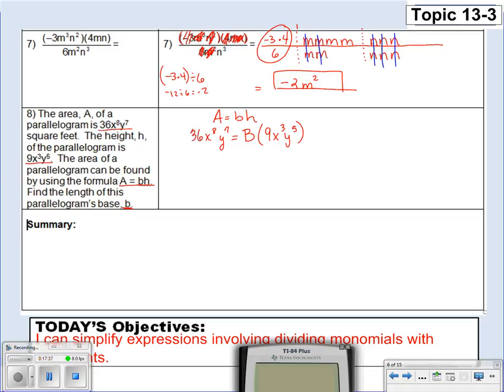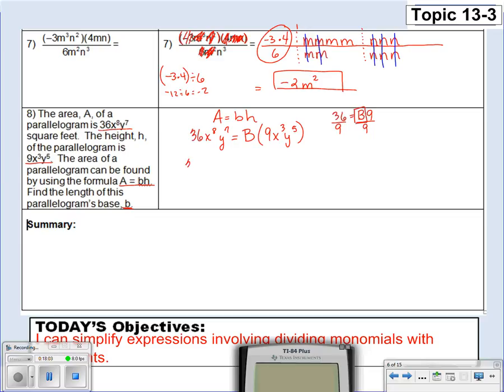Now, let's think back. If I just had, let's take out the x's and the y's. If I had 36 equals b times 9, and I want to figure out what b is, you would tell me, hey, we need to divide by 9 on both sides to get the b by itself. Because b is times 9, we do the opposite, division. This time, however, I don't just have 9, I also have some variables.